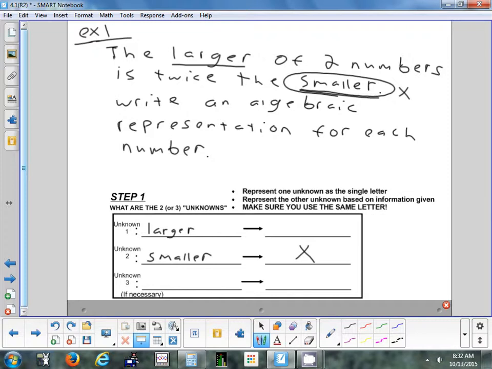Yeah, it'd be 2x. Perfect. The larger number is 2 times the smaller, and the smaller was x. We're not actually going to find the smaller number or the larger number. We don't know. That's all you have to do today.